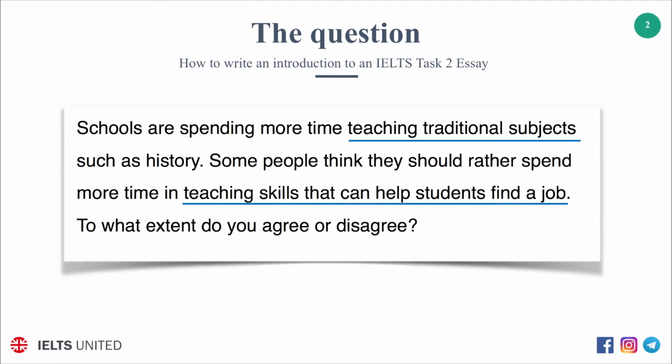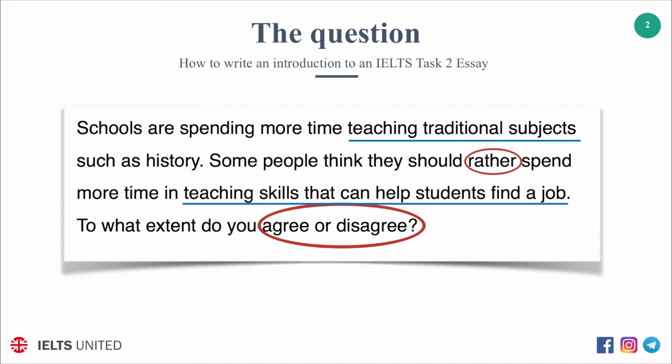What other important words are there here? Well, we see the word rather. What does rather mean? It means which is better. You have a choice to make, and with rather, you're choosing one and not the other.